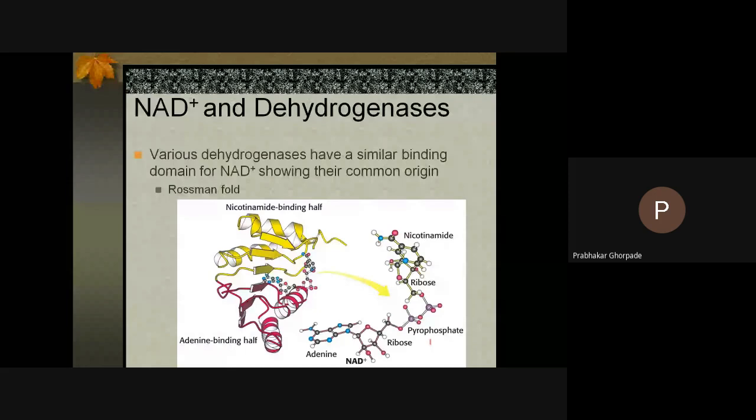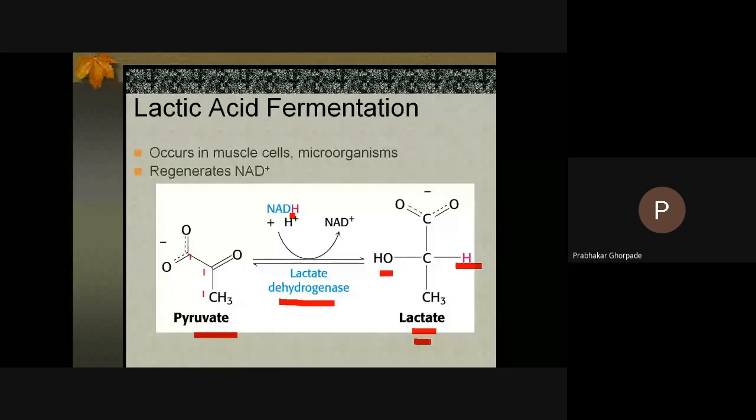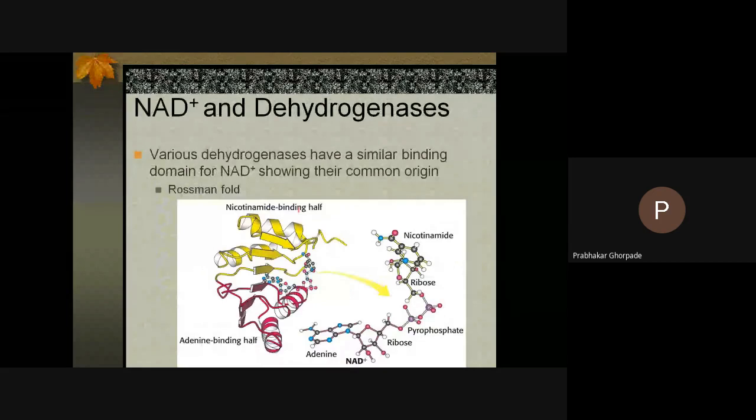So NADH, NAD plus and dehydrogenases are involved in this first reaction. This is the type of reaction, lactate dehydrogenase. Various dehydrogenases have a similar binding domain for NAD plus, showing their common origin. Whenever dehydrogenases are there, they can have a similar binding domain for NADH.